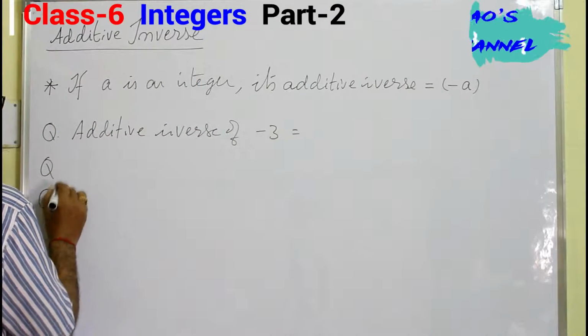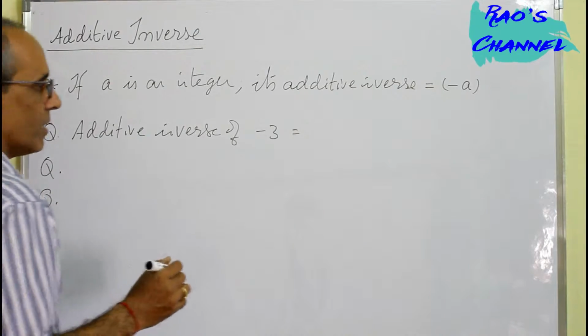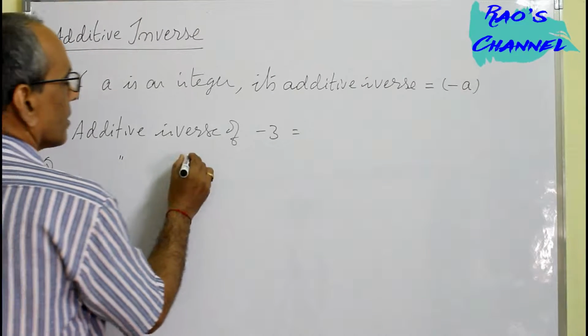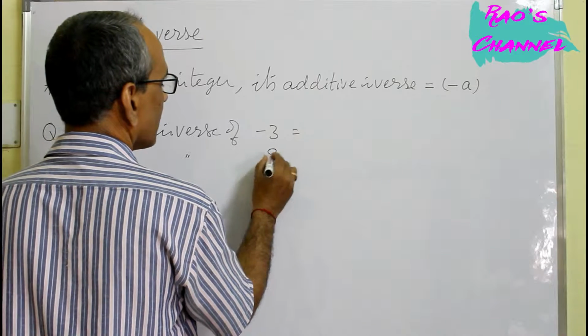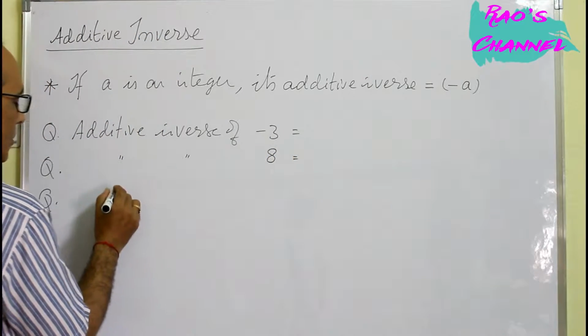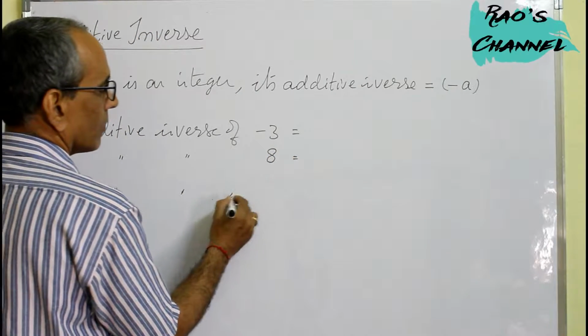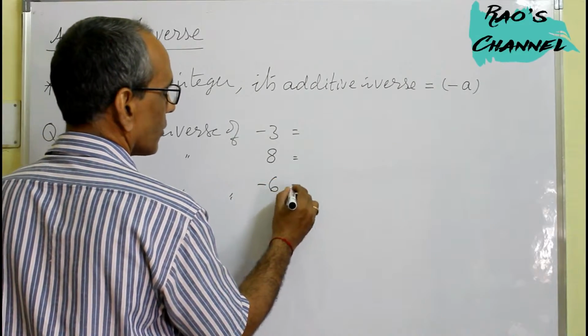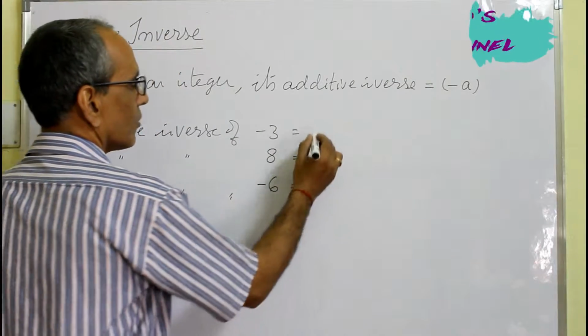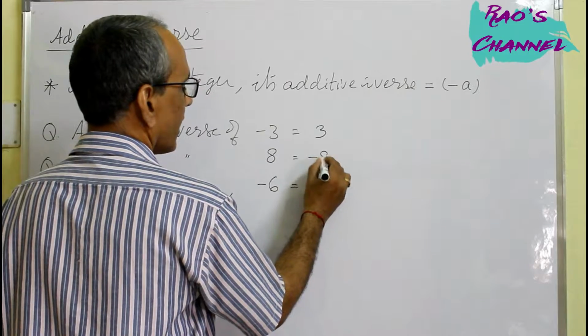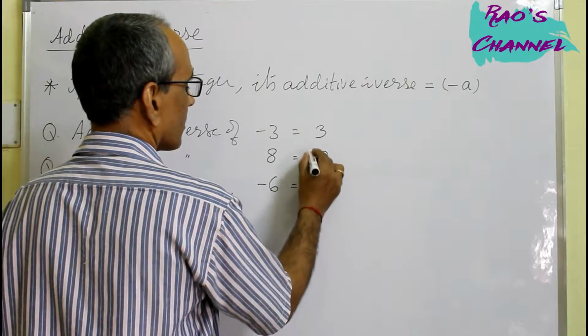Let me practice some, then we move to the next segment. Additive inverse of 8 is equal to, additive inverse of minus 6 is equal to. We know the answer: 3, minus 8, 6.